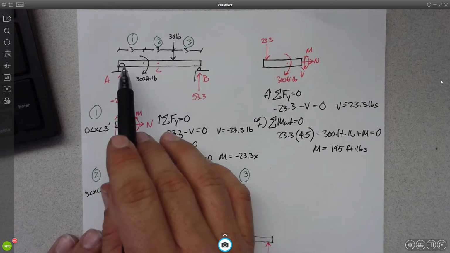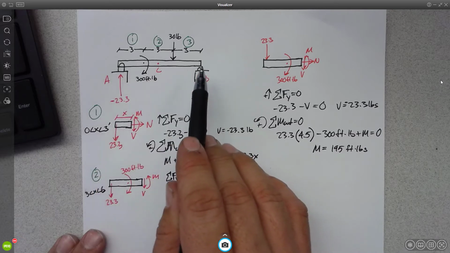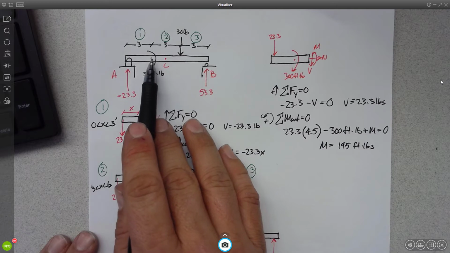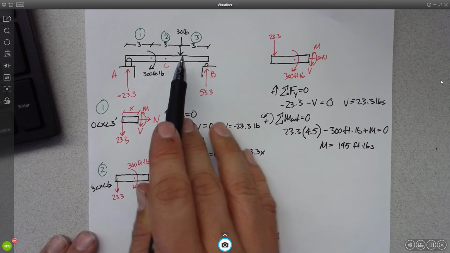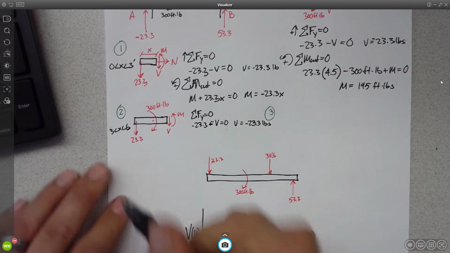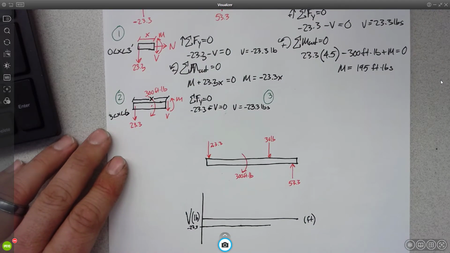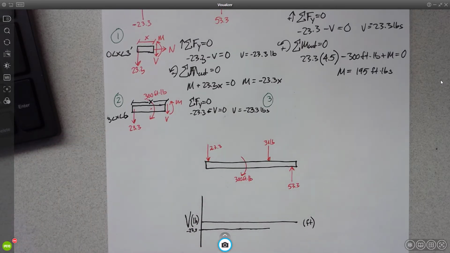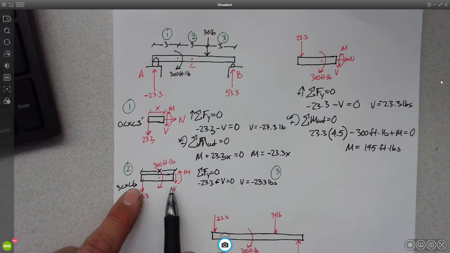We're trying to find the internal bending moment or shear from 0 to 9 feet here. And there's no change in load condition as I go from 3 to 6. So if I draw the free body diagram as I've done here, where the cut is some distance x from the end, then I can determine what those equations will be just in this region. So the equations are only good for 3 to 6, but in order to find them, I have to use the 0 to 6.